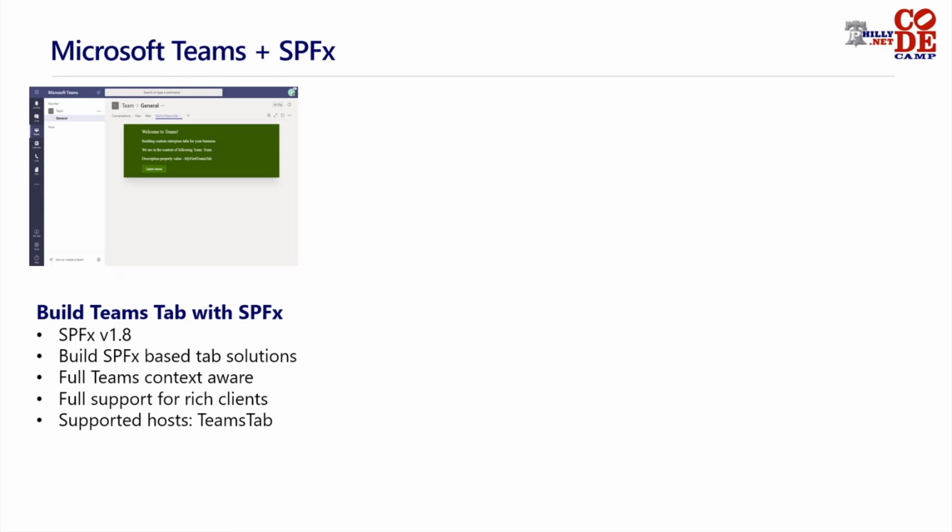The value specified in the supported host property decides how users will be able to work with your web part. For example, if you specify that property as Teams tab, the SPFx web part that we have will be surfaced as a tab inside Microsoft Teams.